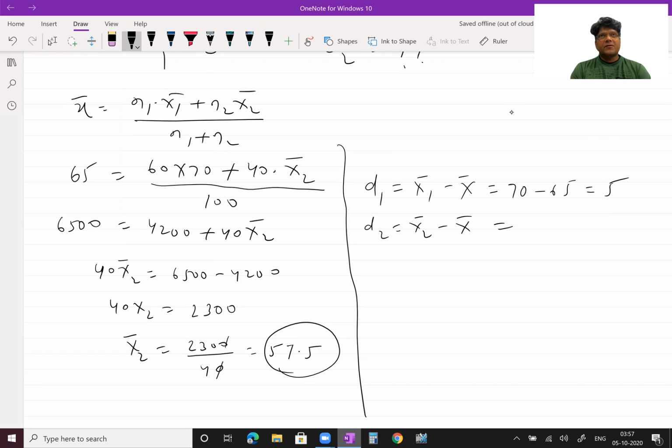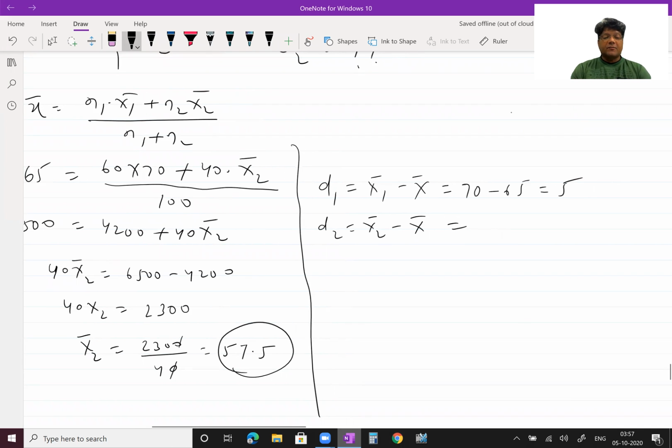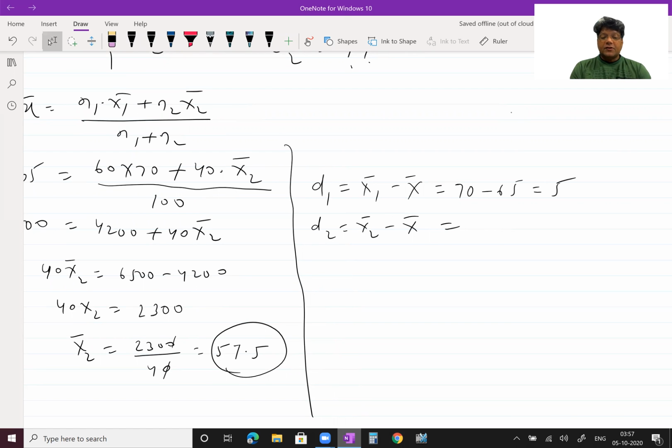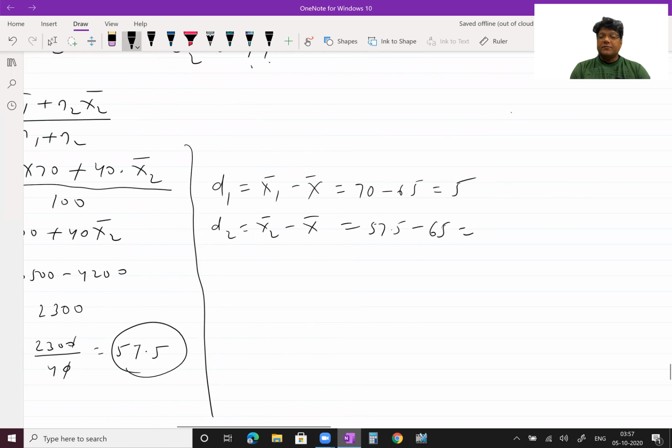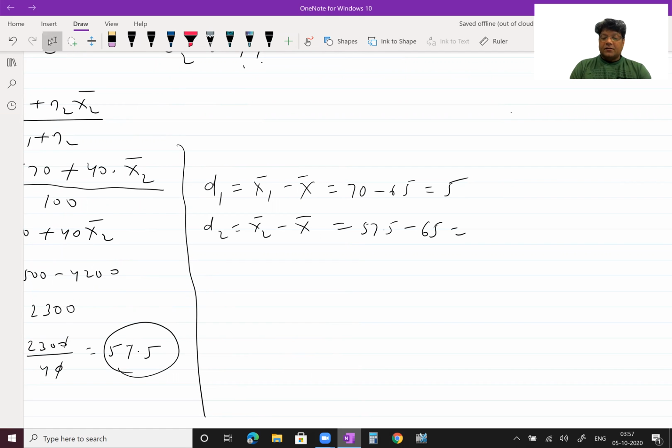It doesn't matter whether you write X2 bar minus X bar or X bar minus X2 bar, because it will be D2 square. Ultimately, it will be squared. So 57.5 minus 65, it will be 7.5. So D1 square will be 25, and D2 is minus 7.5.